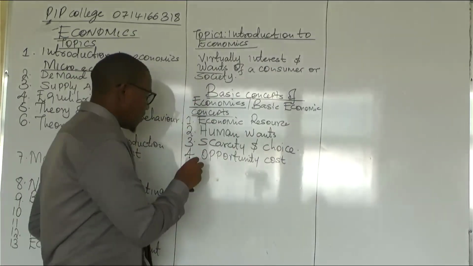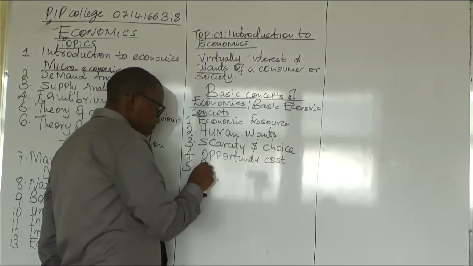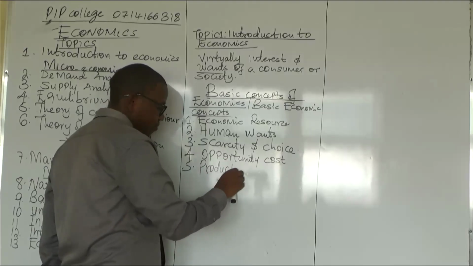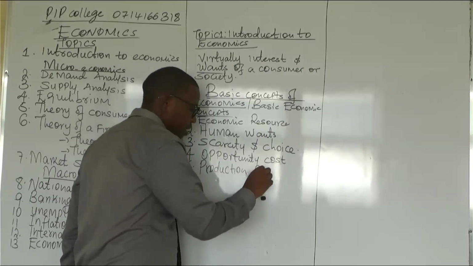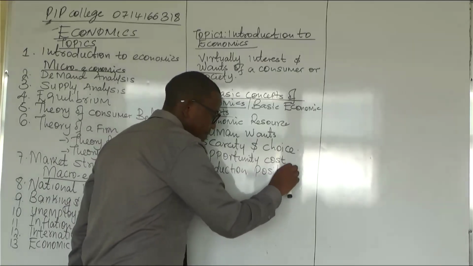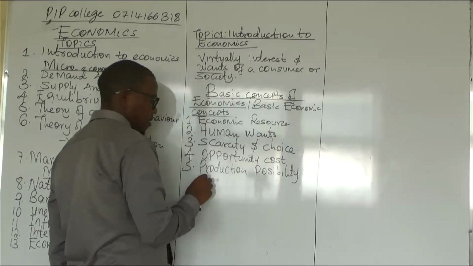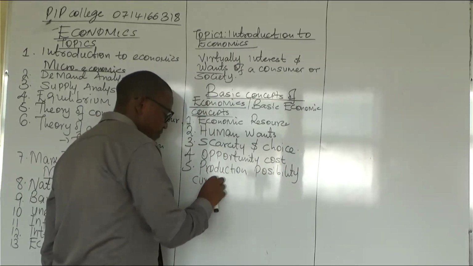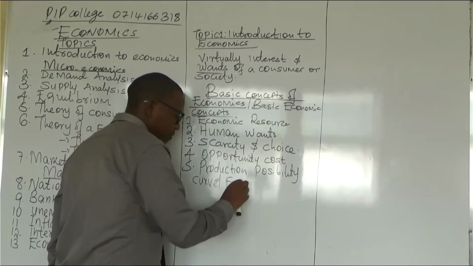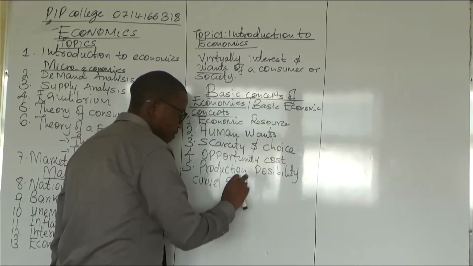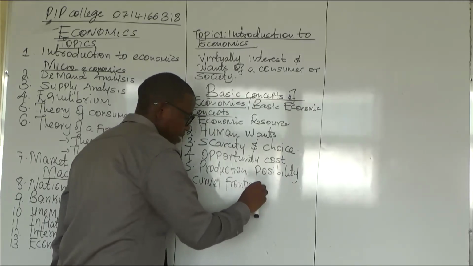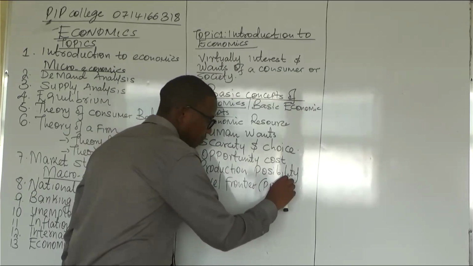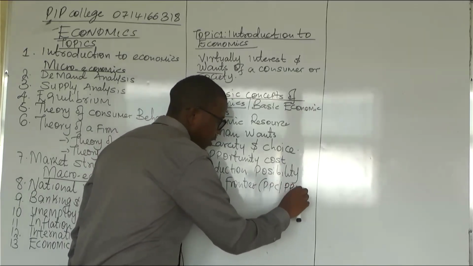And then number 5, we'll also talk about what we call the production possibility curve. You may talk of it as a curve or what we call the frontier. The frontier is one of the very common questions, PPC or what we call the PPF.